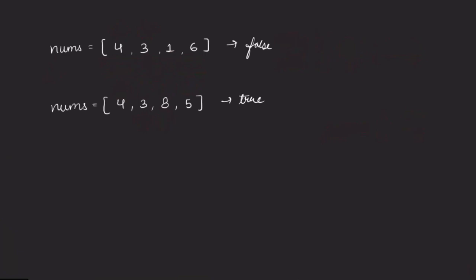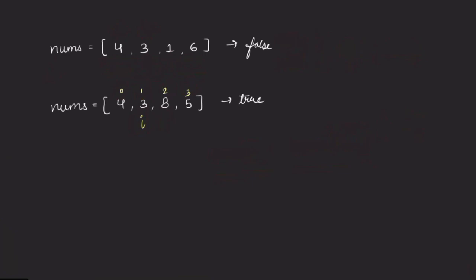So now how are we going to solve this? It is very simple. We can simply put a pointer i on this particular index. If I give the indices 0, 1, 2, 3, we can start our i from the first index and always compare nums of i with nums of i minus 1, because these will be our two adjacent elements.